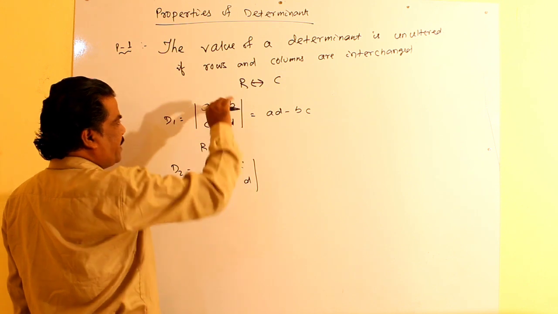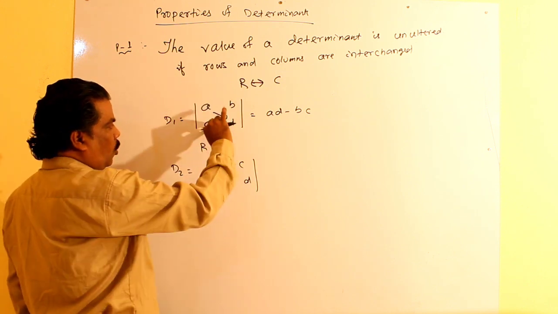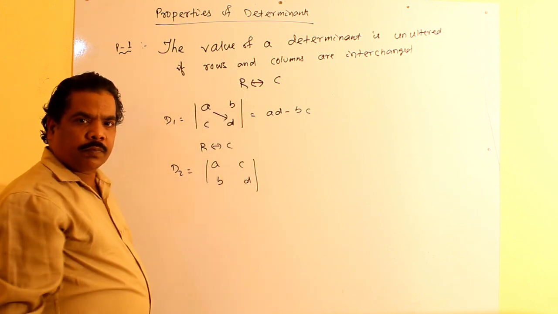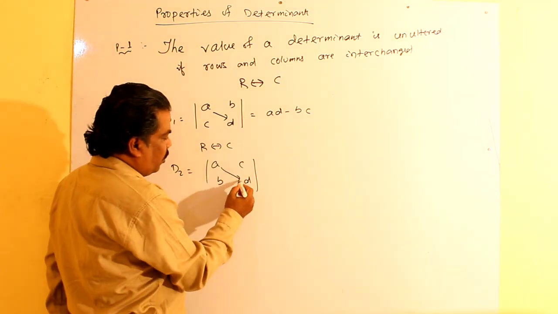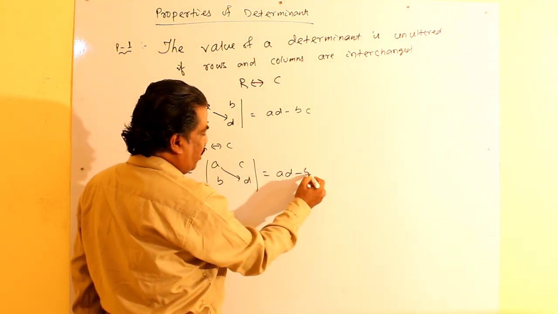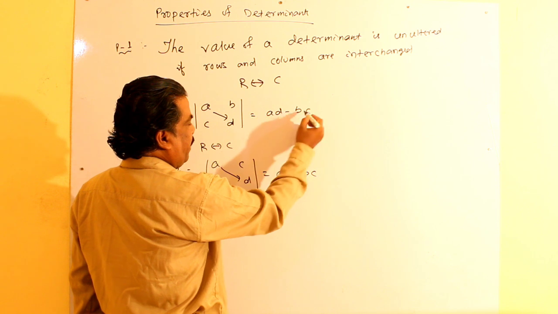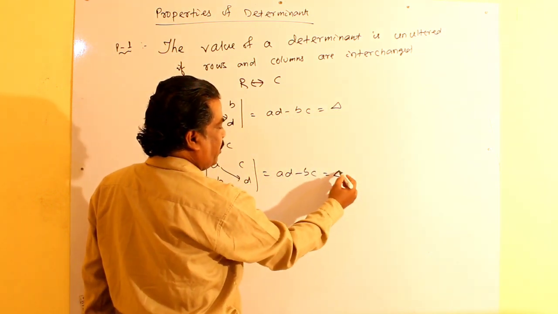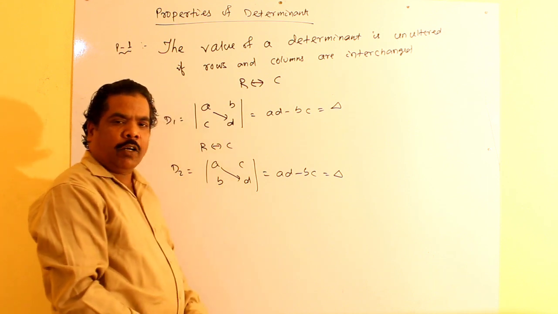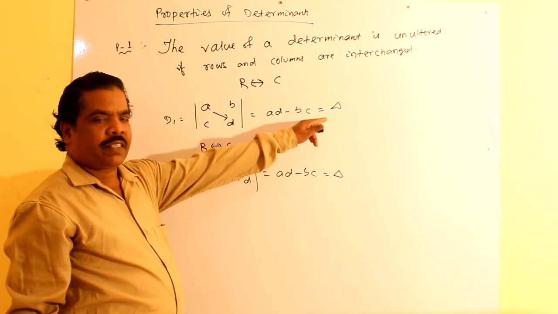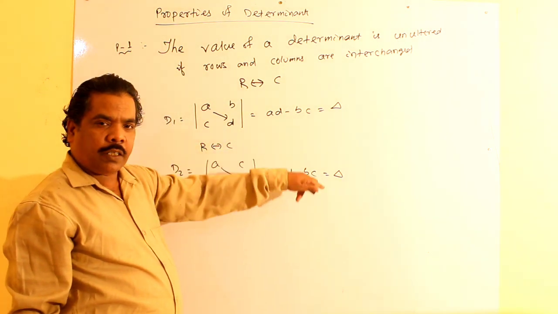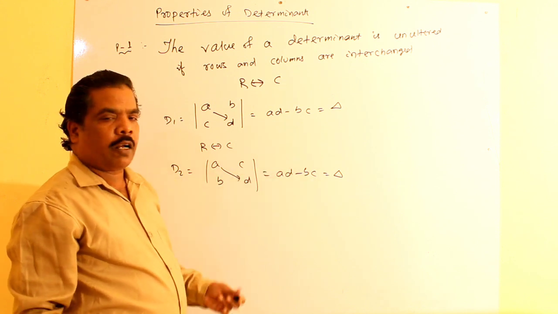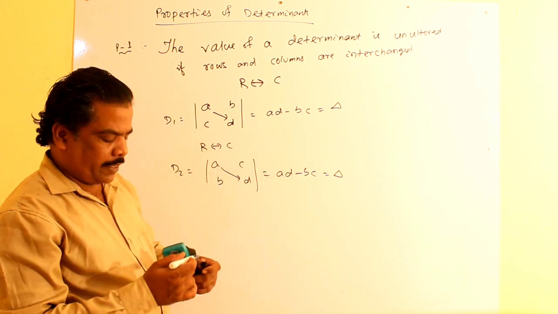Here, row 1 is written as column 1, row 2 is written as column 2. Now find the value, it is equal to AD minus BC. If AD minus BC represents delta, so AD minus BC is equal to delta. Now the value of determinant remains same or is unaltered if rows and columns are interchanged.